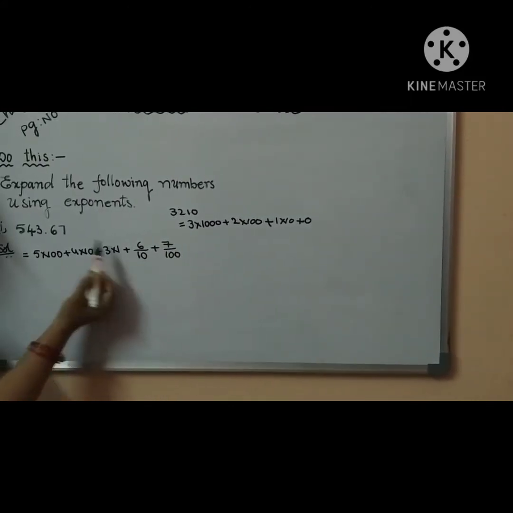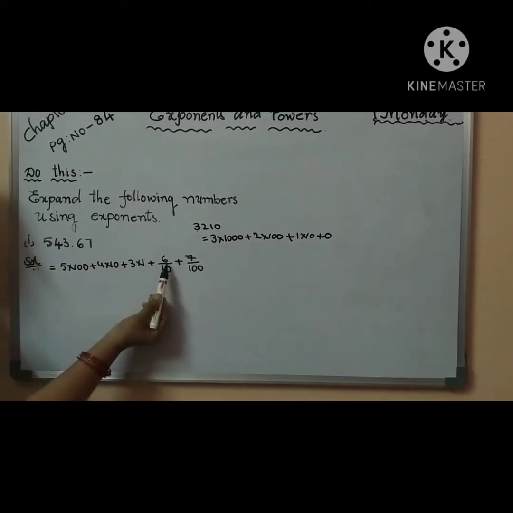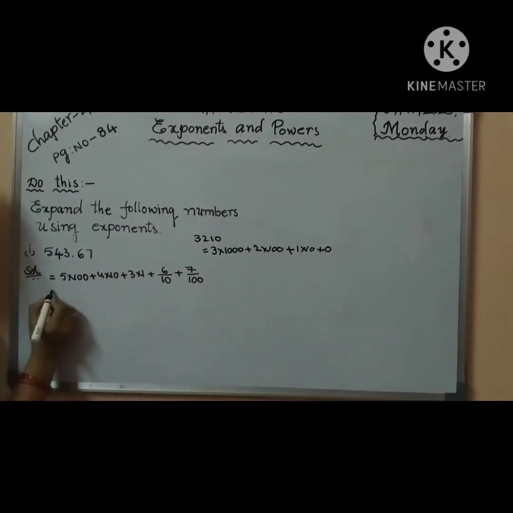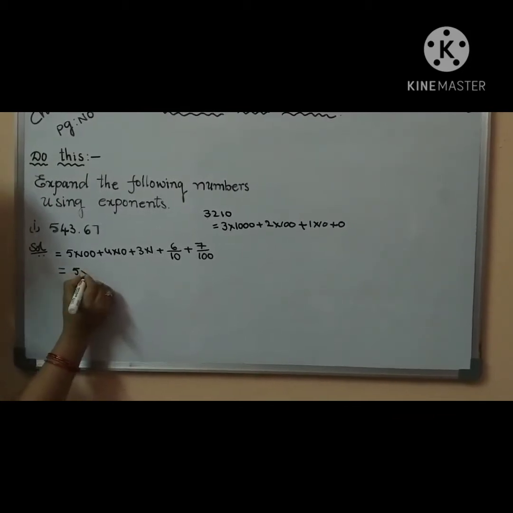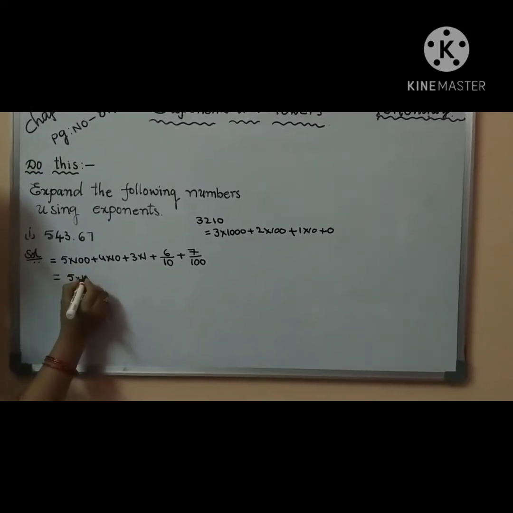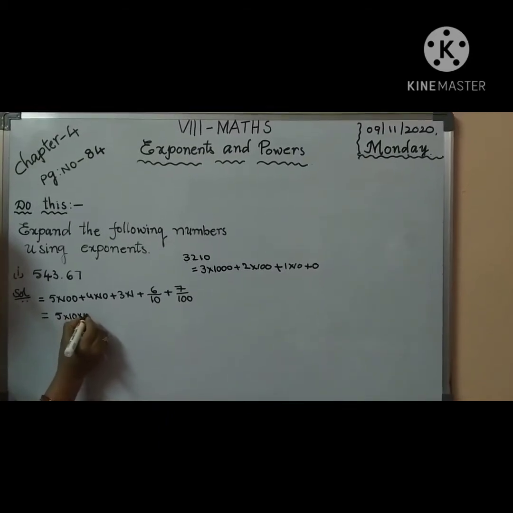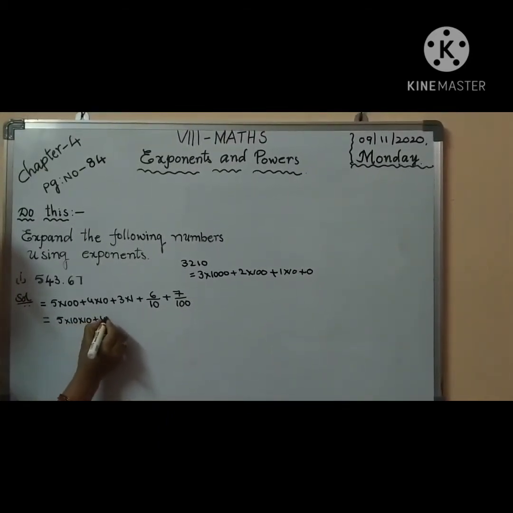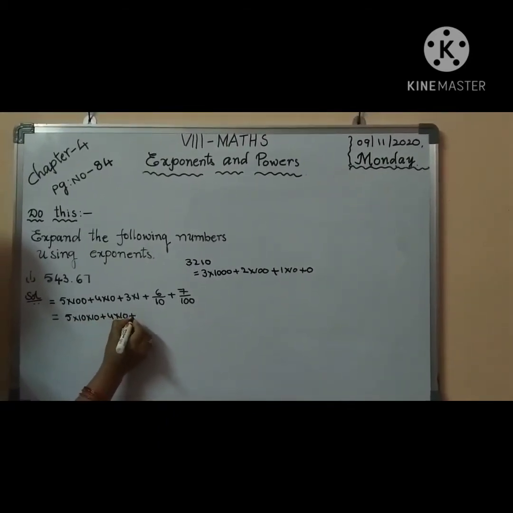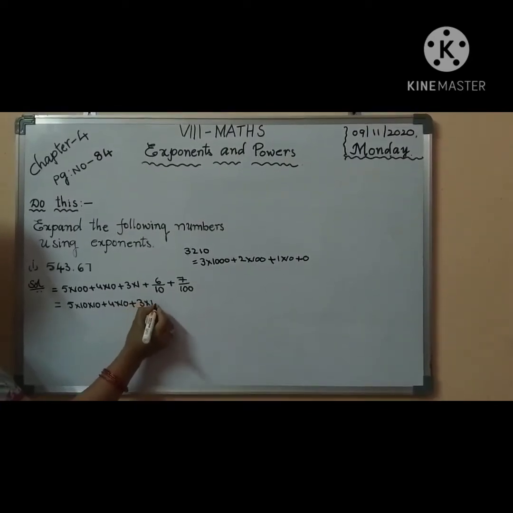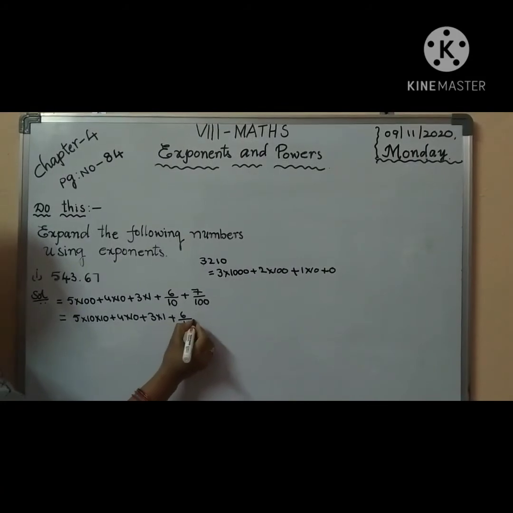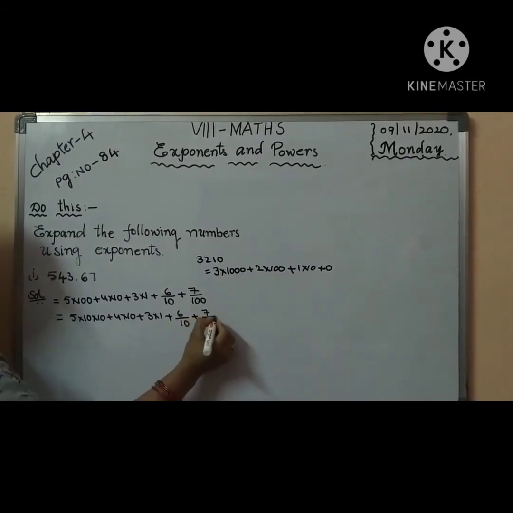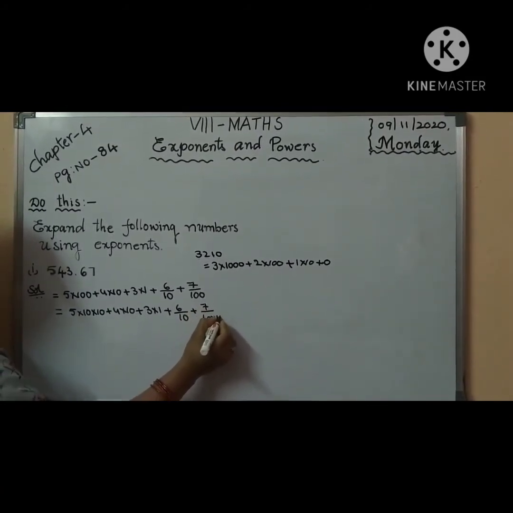Because here the place values are tens and hundreds, so here write 5 into 10 into 10 plus 4 into 10 plus 3 into 1 plus 6 by 10 plus 7 by 10 into 10.